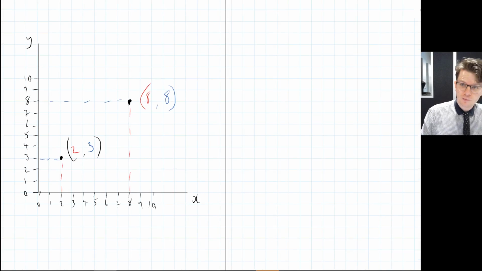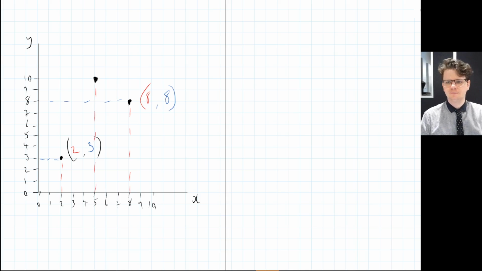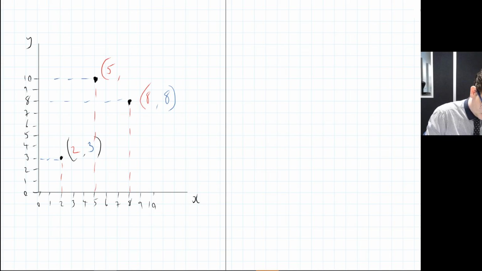Alrighty, I'll do one more just so we're 100% sure we're on this. Do this one just here. So, we read down, where's it at? 5. And if we look across, where is it sitting? 10. So that would be 5, 10.